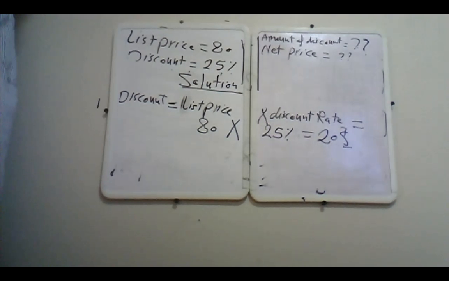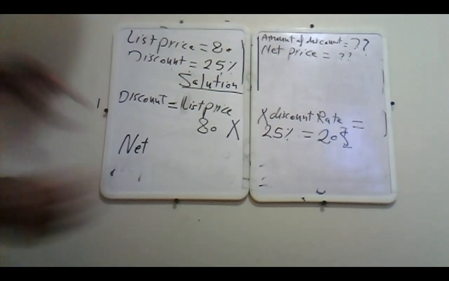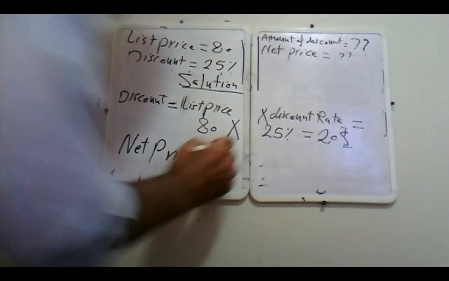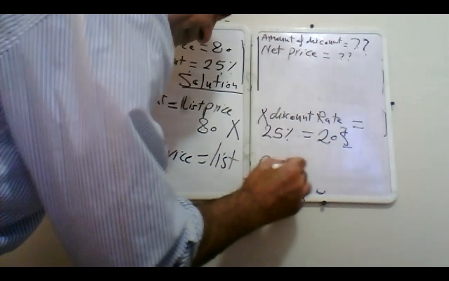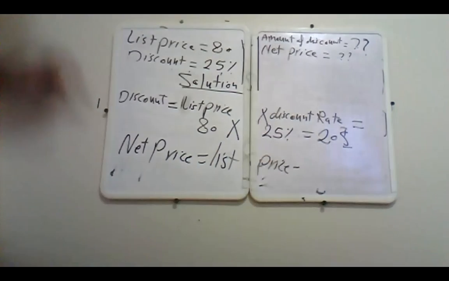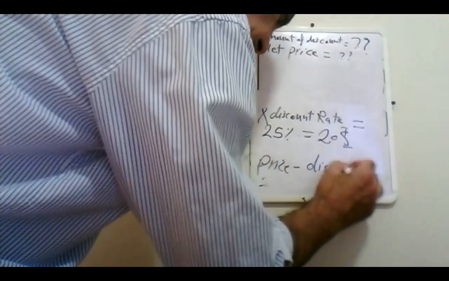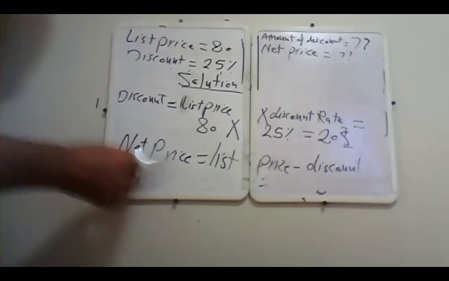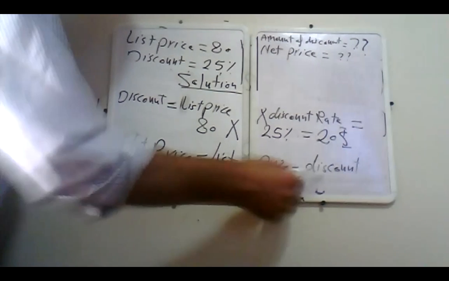Now, what about the net price? Net price will equal the list price minus the discount.